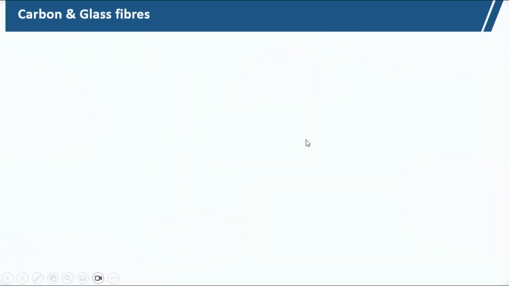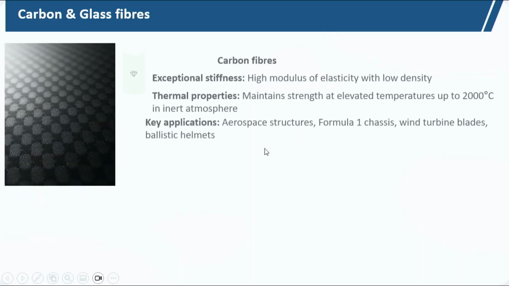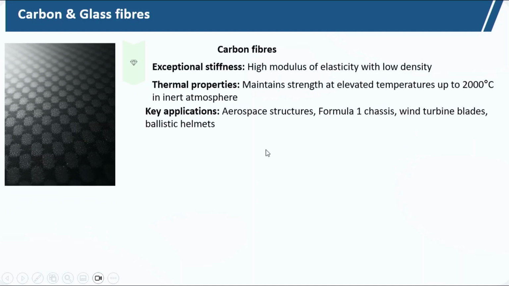Next high performance fiber is the carbon and glass fiber. If you see the carbon fiber, it has exceptional stiffness, okay, that means very high modulus. So, where a high modulus of elasticity is required, that type of application we use carbon fiber, okay, like aerospace, okay, Formula 1 chassis, okay, wind turbine, where we do not need any extensibility.